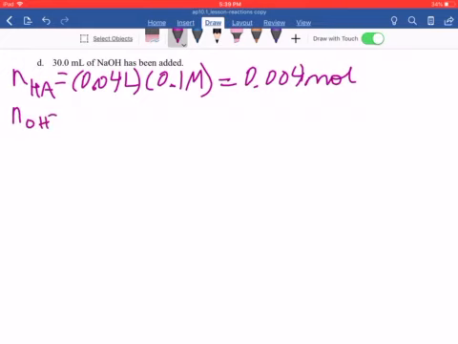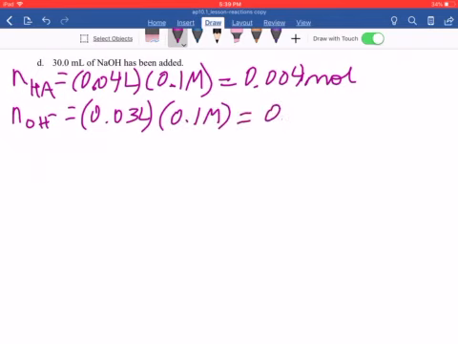Moles of hydroxide, we added 30 milliliters this time, so 0.03 liters. Concentration is still from up above, 0.1 molarity, and so we end up with 0.003 moles.